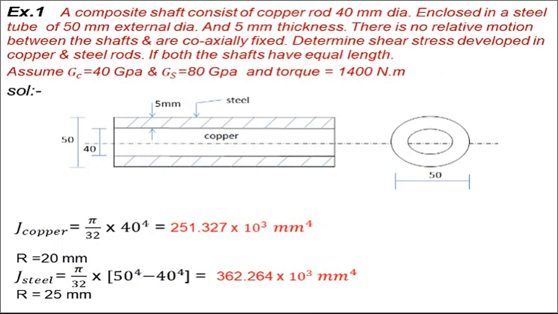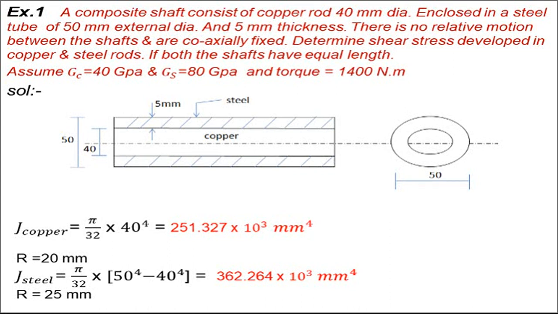On this concept, we will take one problem of a composite shaft. I will first read the problem. A composite shaft consists of a copper rod of 40 mm diameter enclosed in a steel tube of 50 mm external diameter and 5 mm thickness. There is no relative motion between the shafts, and they are coaxially fixed.